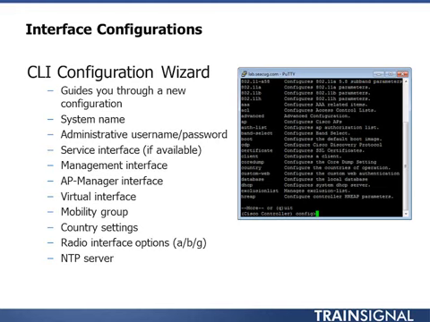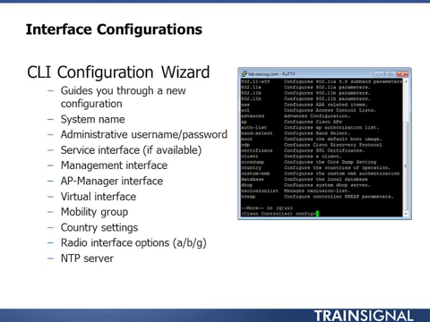So then it will ask you for the management interface and the AP manager interface. So you're going to key in the IP address and the subnet mask, and like I told you before, make sure those two are on the same subnet.